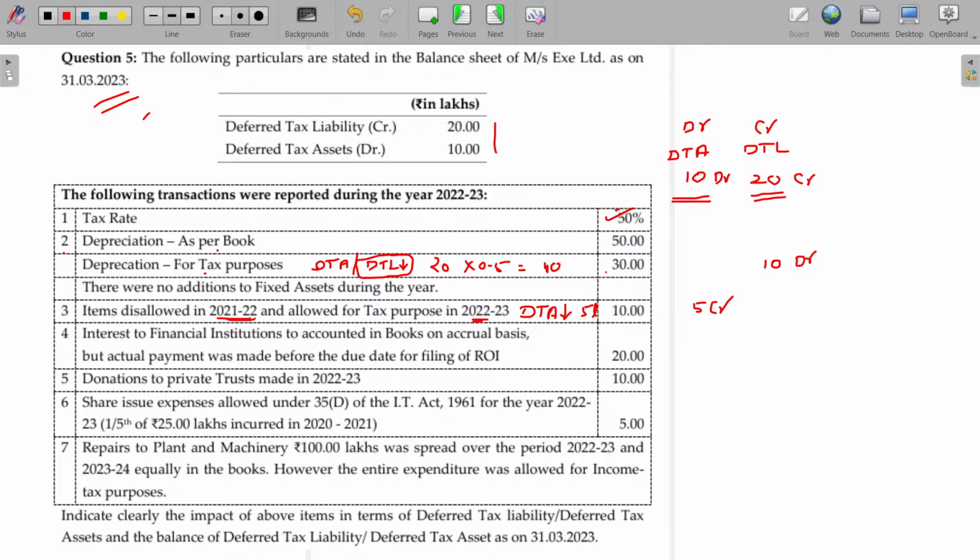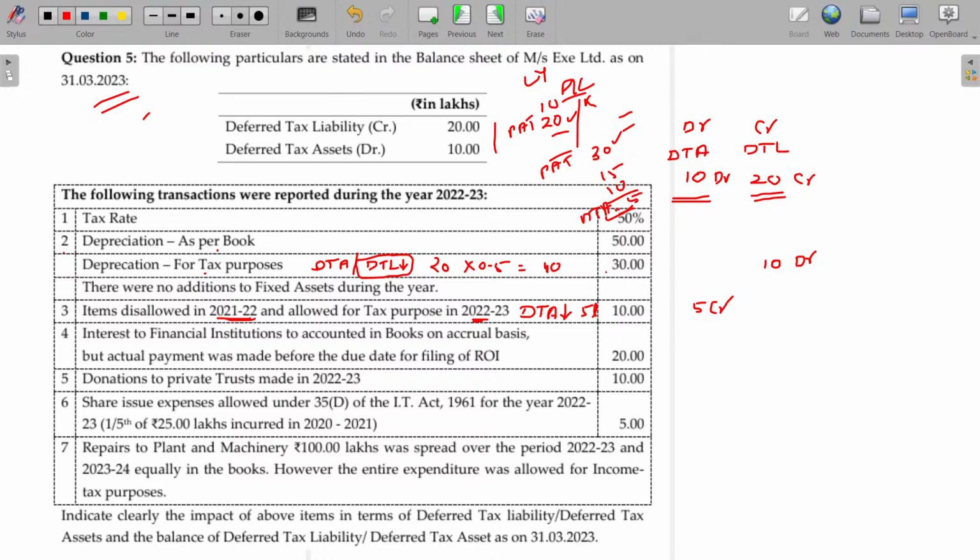Imagine, if you have any doubt, you can imagine this way. P&L account. In the last year, we debited 10, and 20 rupees was the profit. For the tax purpose, as this was disqualified, profit being 30. So you pay the tax on this 15, but your tax expense being on this 10, you paid 5 excess, that is called DTA.